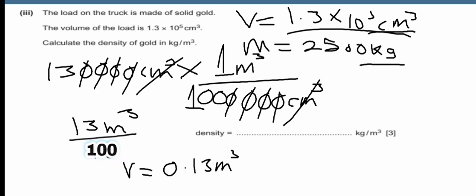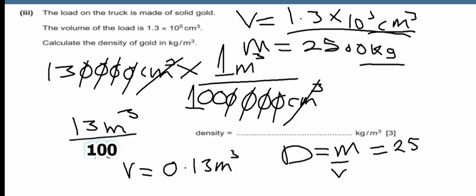Okay, so let's calculate the density. Density is equal to mass over volume. The mass that we have here is 2,500 kgs, divided by the volume, which is 0.13 meters cubic.